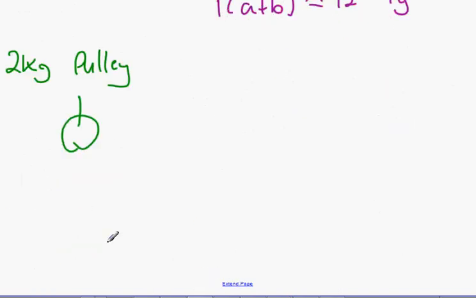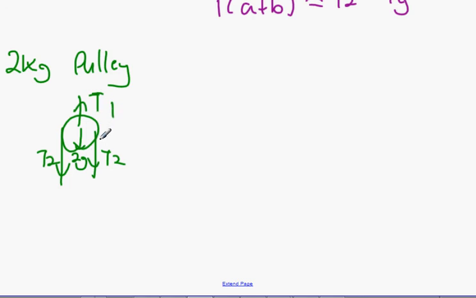The pulley has T2 pulling it down, it's not the weight of the particle taken from it, it's how it's connected. It's connected via tension. T2s are dragging it down. Its own weight is 2G bringing it down, and T1 on the way up.